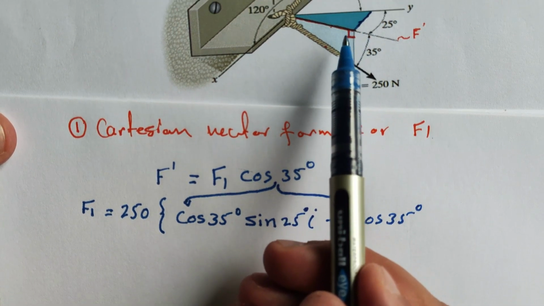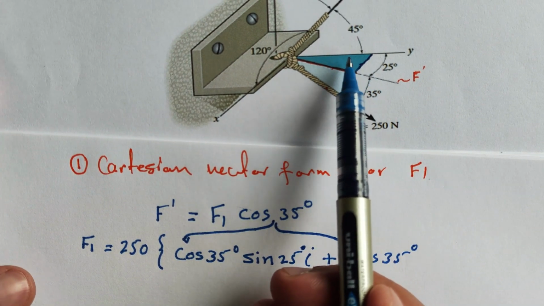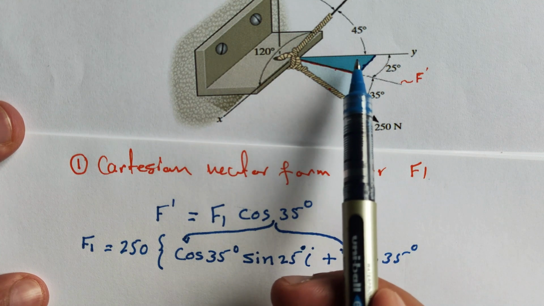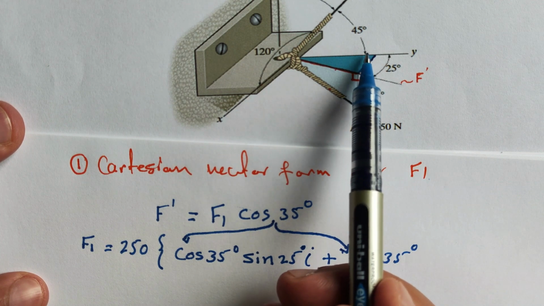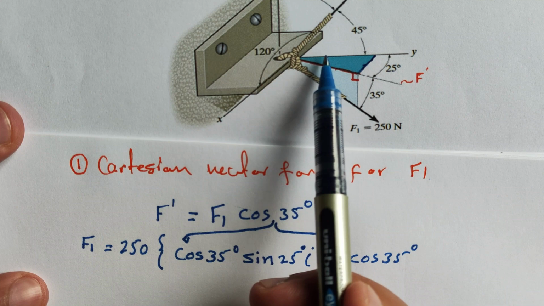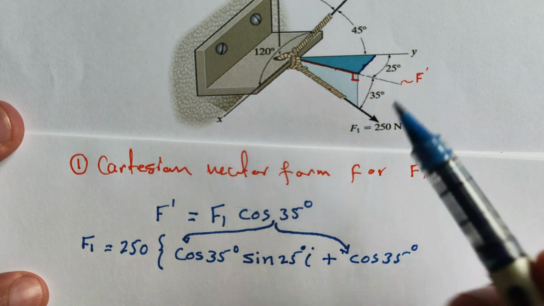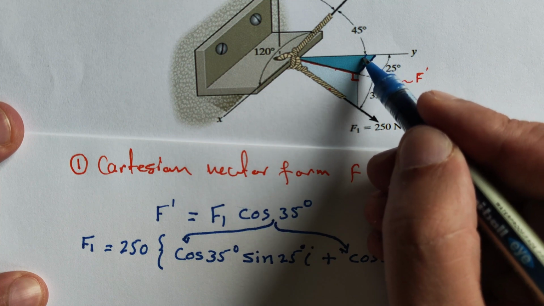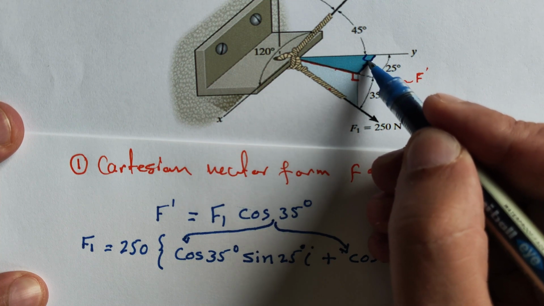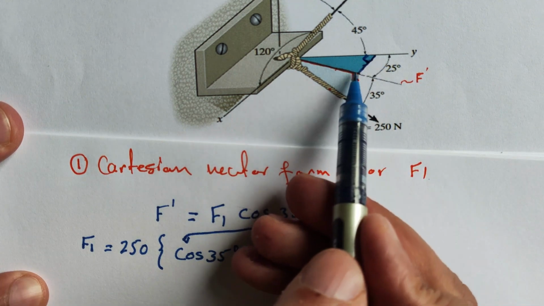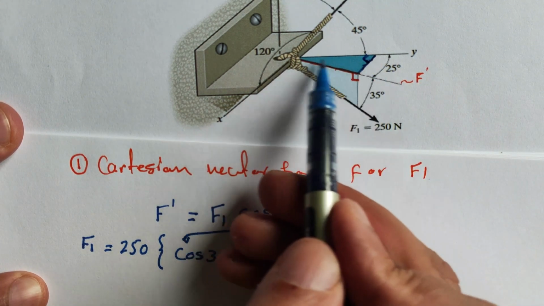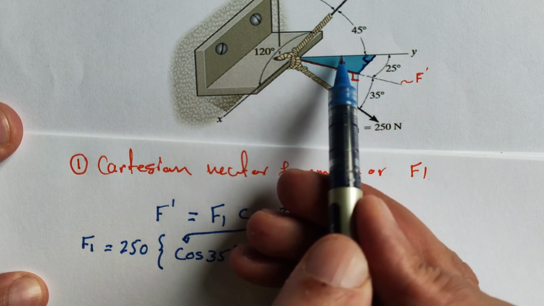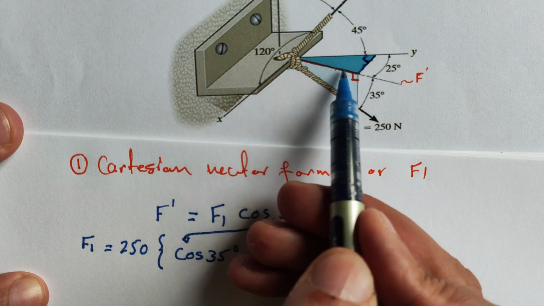Coming to the Y component on the diagram, if we try to solve for it, we can take cos 25, since this makes a right angle triangle with F prime. So cos 25 is the adjacent, which is the Y component I'm looking for, over the hypotenuse, which is F prime.